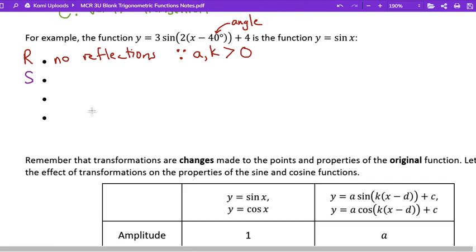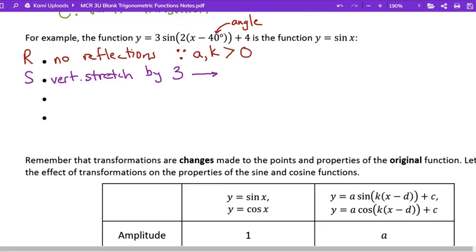Let's talk about the easy stretch first, the vertical stretch. What type of vertical stretch do we have? By 3. Vertical stretch by 3. Now, I want to relate it to the terminology we've been using in this unit. Anyone remember what is affected? What does the A change for the sine and cosine function?